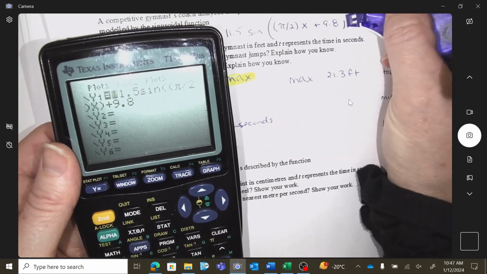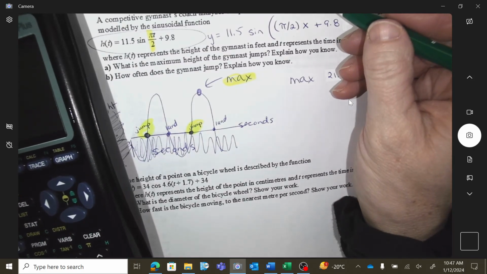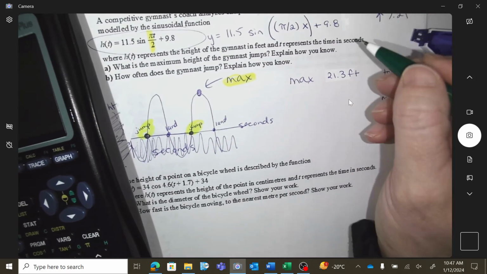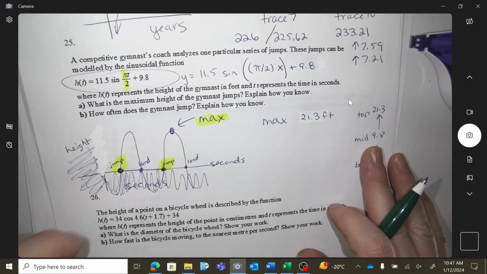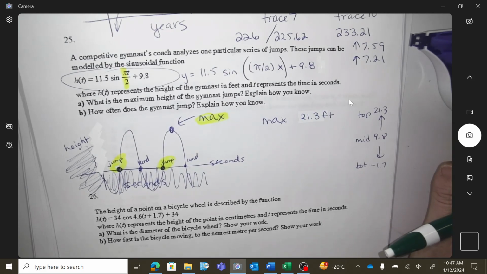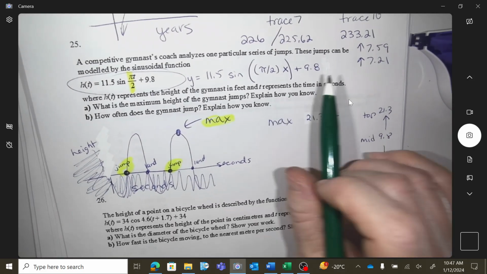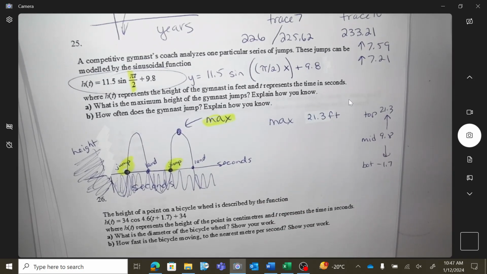Oh, you know what I did? I typed this in wrong. It should be pi x, right? There. Okay. I think you get the same thing. I don't. Okay, this looks a lot. Sorry. Yeah, I had done that wrong in my calculator too. I'd put the bracket on that, but it's not.